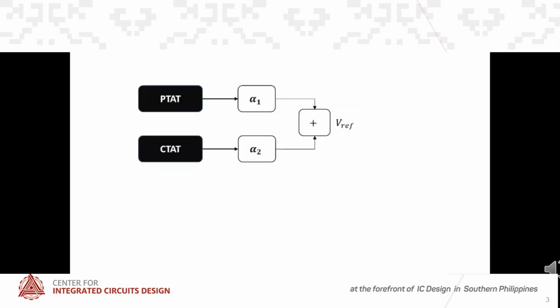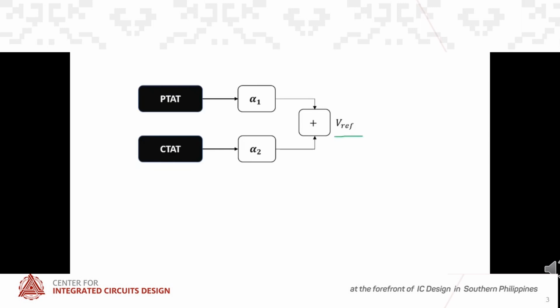So, this equation here is the basic foundation of bandgap voltage reference. Using this equation, we can implement this into a circuit. We can represent this in a block diagram.